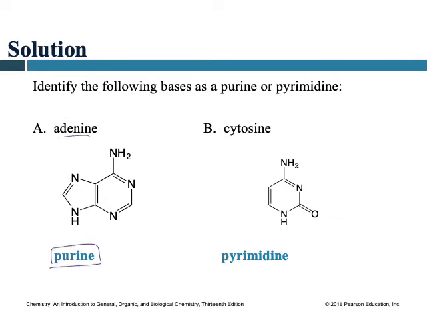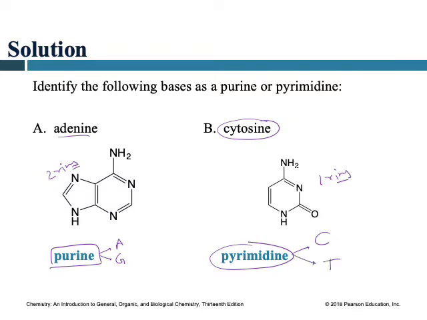Because it has 2 rings, and we know the purines are adenine and guanine, A and G. And cytosine belongs to the pyrimidines because it has a 1 ring structure, and the pyrimidines are cytosine and thymine, right, in DNA.